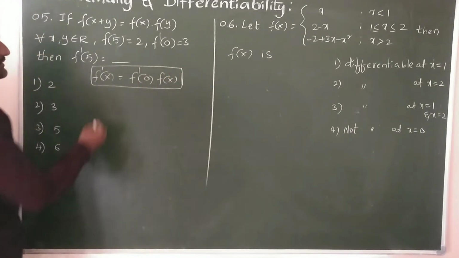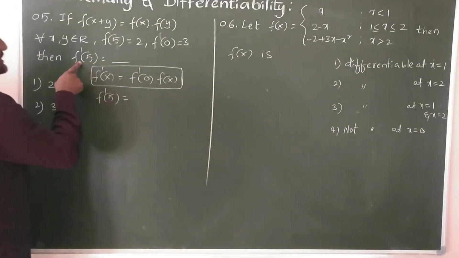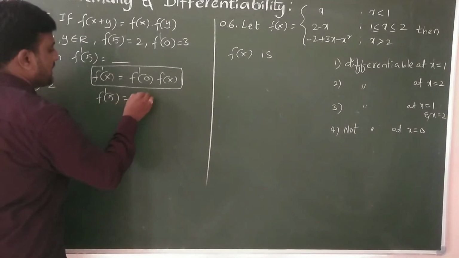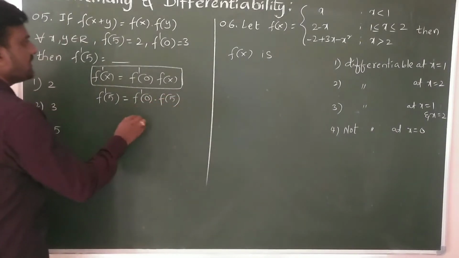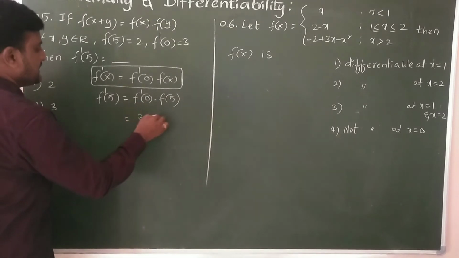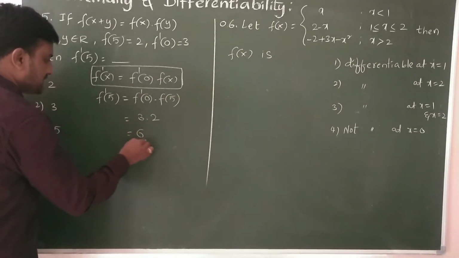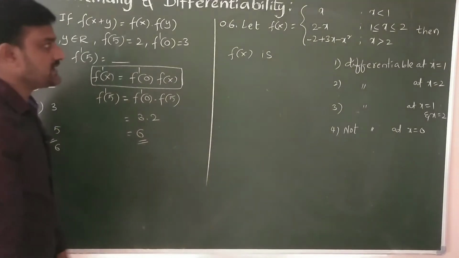Then here f dash of 1 equals f dash of 0 into f of 1. Given f of 1 is 2 and f dash of 0 is 3, it is 2 times 3, and that is 6. Okay. The fourth option is right.